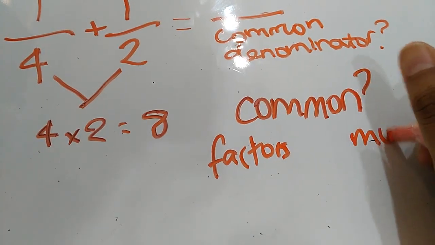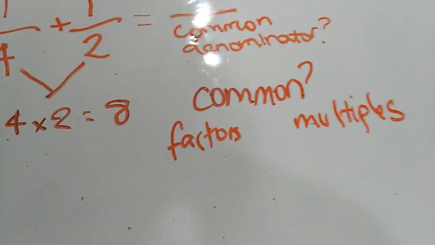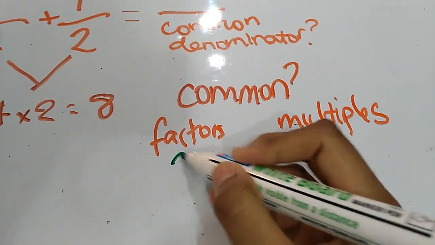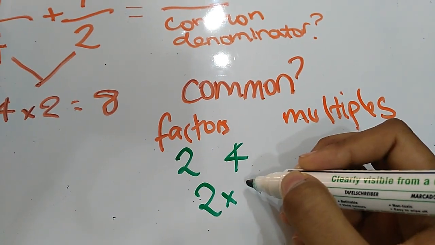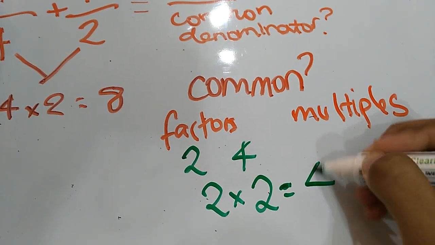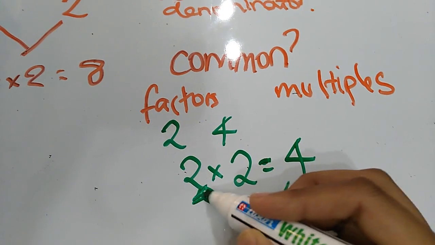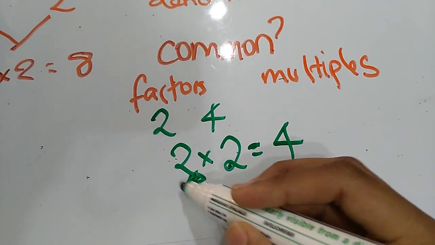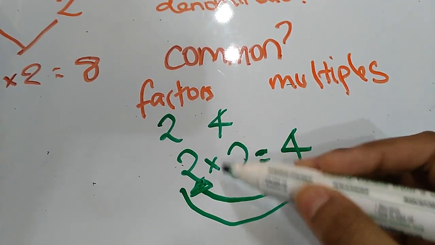Very quickly, if you don't know what these words mean, say we have 2 and 4. 2 can be times by a whole number, not a decimal, an integer, to give 4. Therefore, we can say that 2 is a factor of 4 because it can be times by a whole number to give 4. And we can say that 4 is a multiple of 2 because 2 can be times by a whole number to give 4.